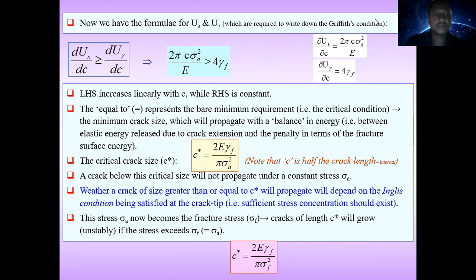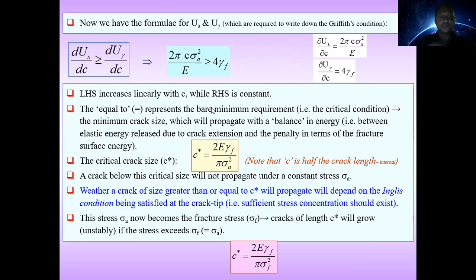Okay, so now we have formulas for Us and U gamma, which are required. When we combine these two formulas, dUs over dc is this formula, and dU gamma over dc is this one, which is given here.